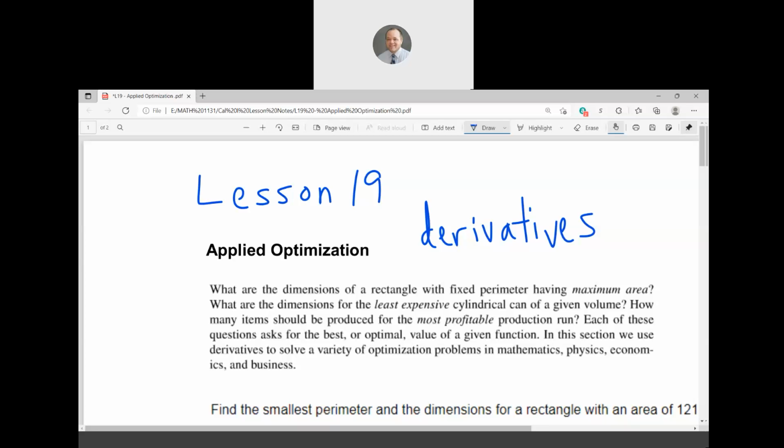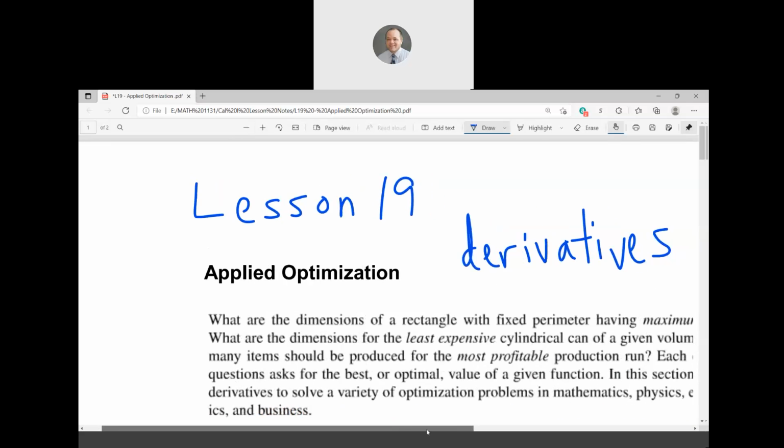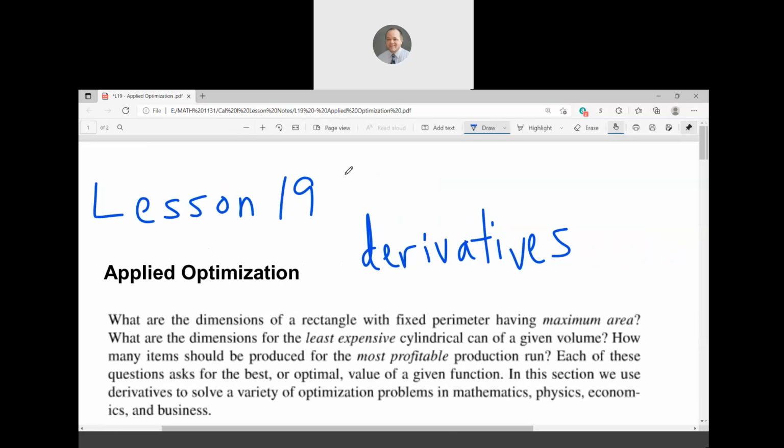Let's say you're trying to find the dimensions of a rectangle with a fixed perimeter having maximum area, or you want to find the dimensions for the least expensive cylindrical can of a given volume, or you want to find out how many items should be produced for the most profitable production run.